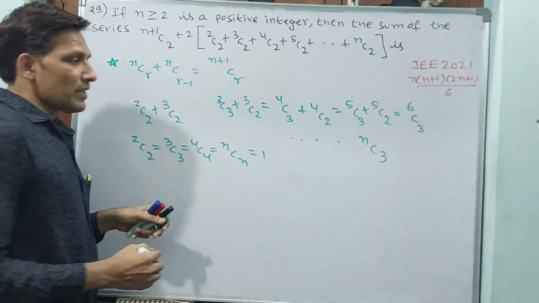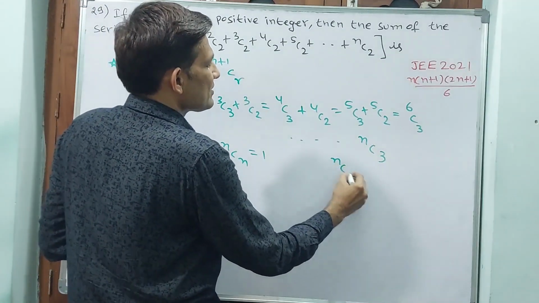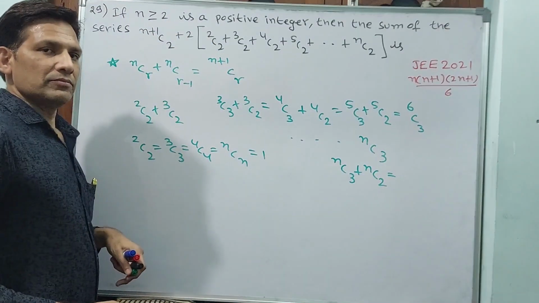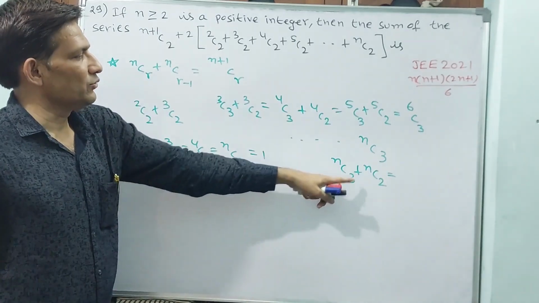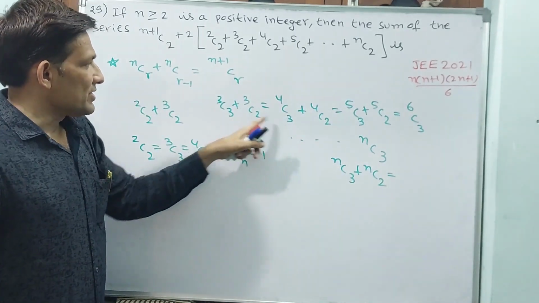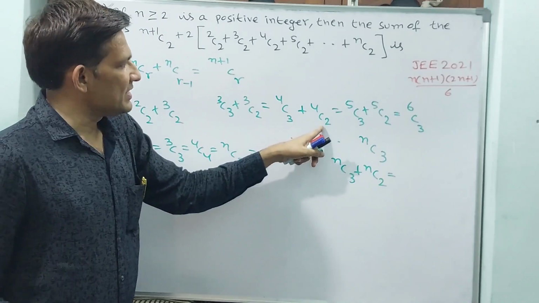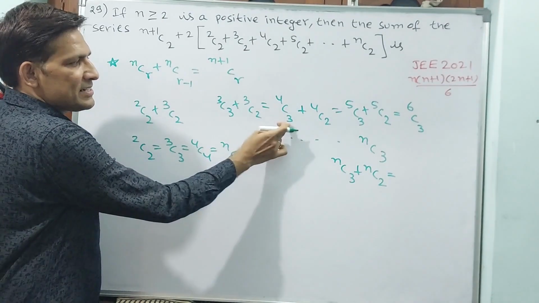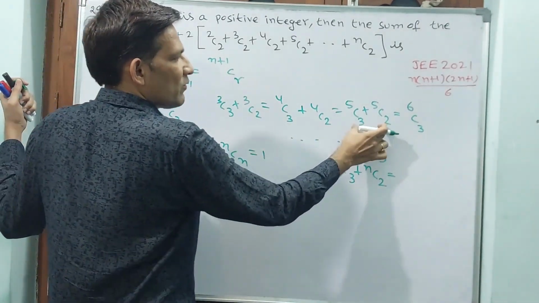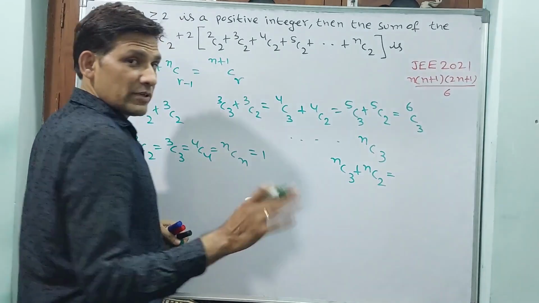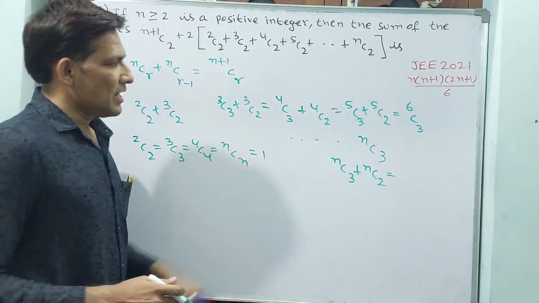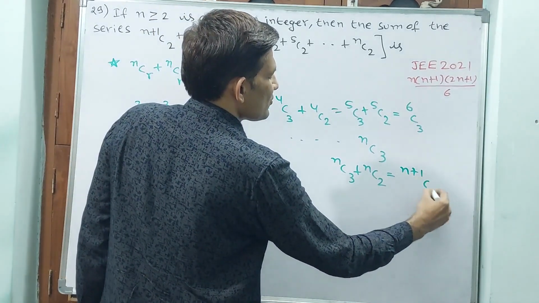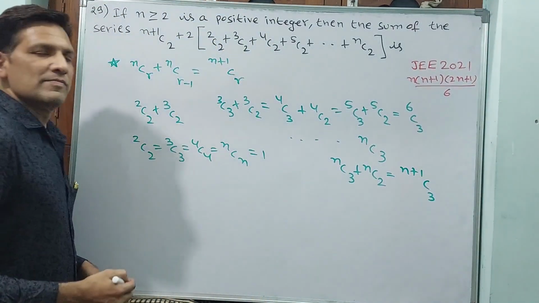Okay, why? nC3 plus nC2, because the result is always r equal to 3. If you add, the result is always 3. That is why nC3 will come. Again nC3 plus nC2 gives (n+1)C3.